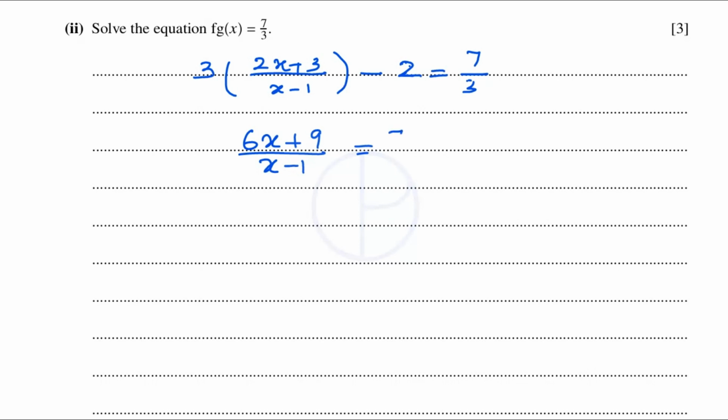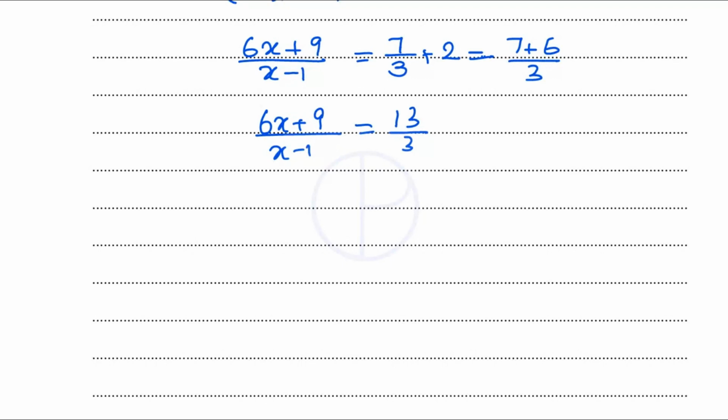So we get 7 over 3 plus 2, which is nothing but 7 plus 6, so 13 divided by 3. So (6x plus 9) divided by (x minus 1) is equal to 13 divided by 3.